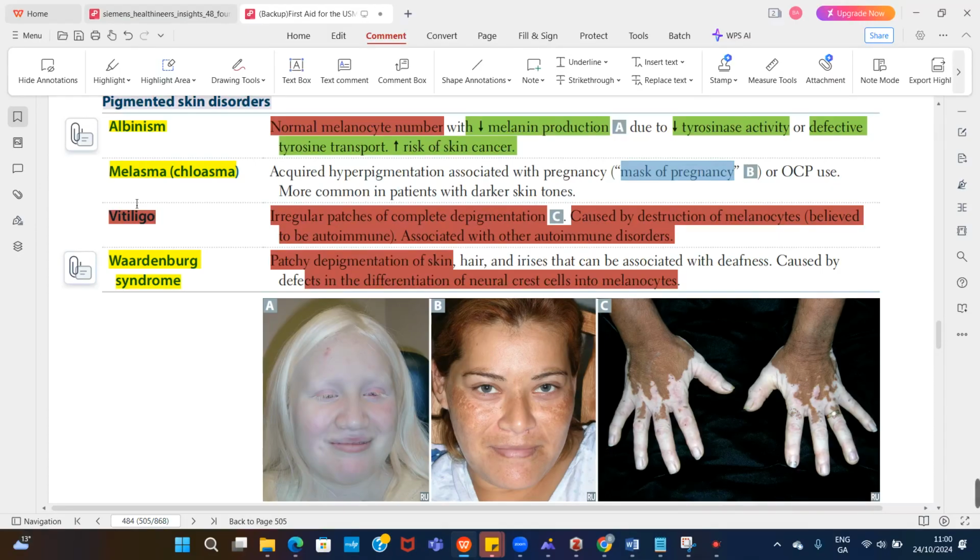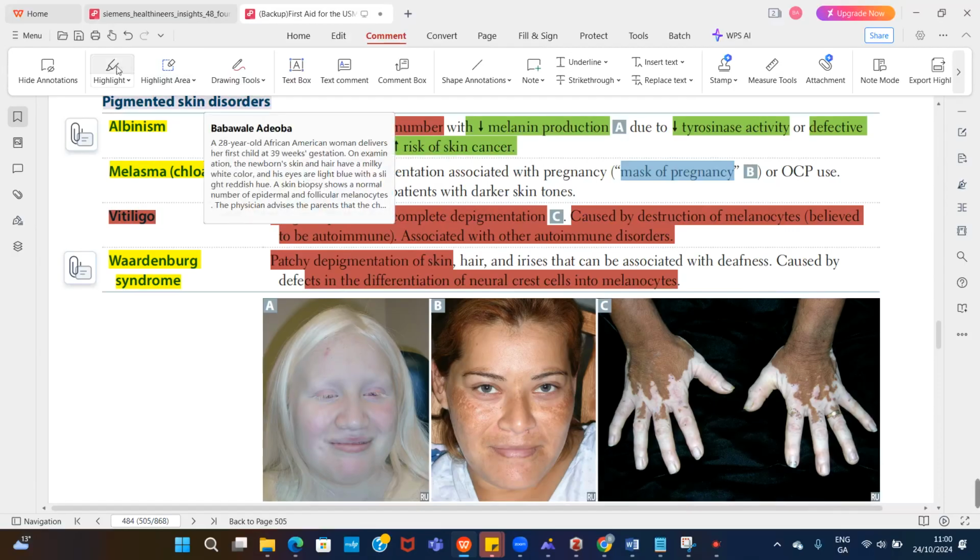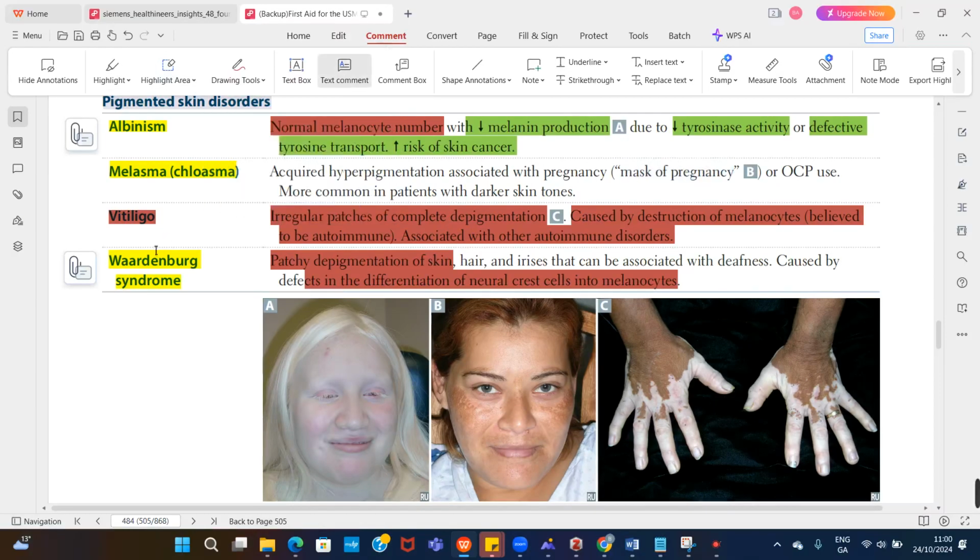No, it's either affecting the head, the face, or it's affecting the hands or the legs, which you call the acral distribution. When you say acral, it means the extremities. Sometimes it can affect mucosal surfaces like the genitals and the mouth.